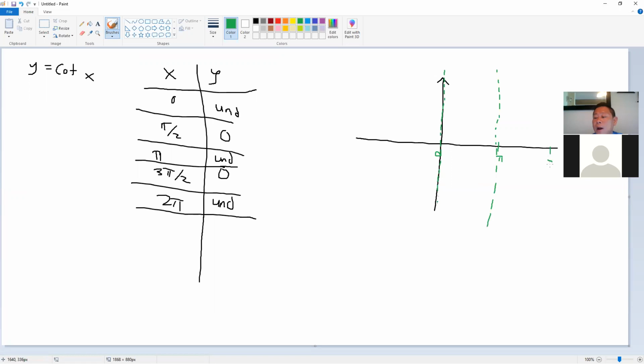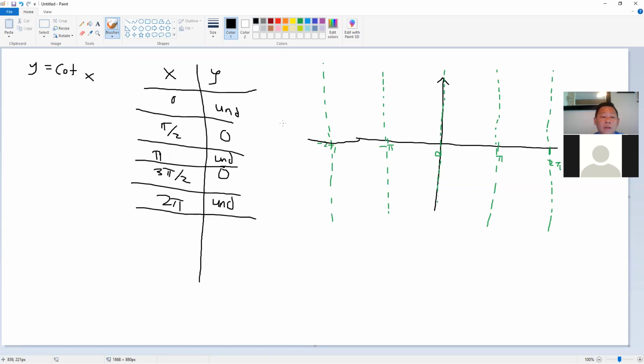And then you get 2 pi, another vertical asymptote. And if you want to go to the negative side, you just reverse it. So you just do the opposite. So pi will become negative pi. And then 2 pi will become negative 2 pi. So this is your vertical asymptote for this case, which is very important.